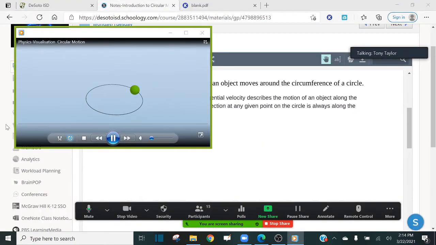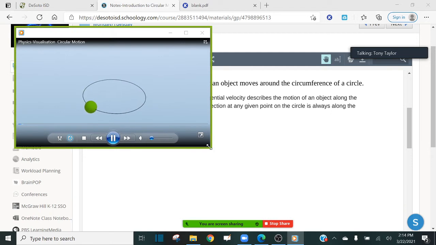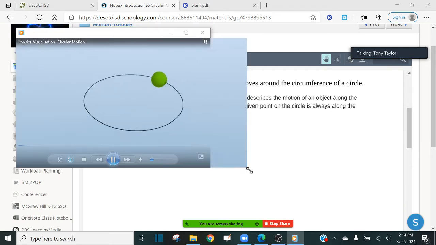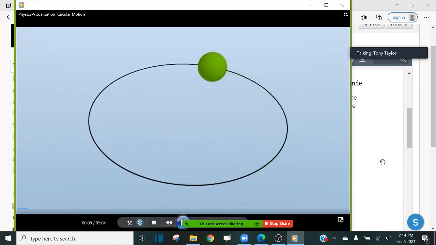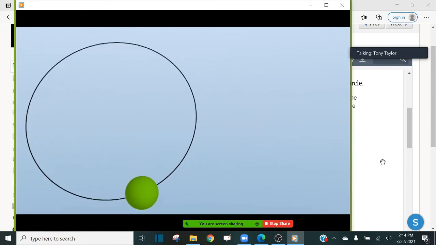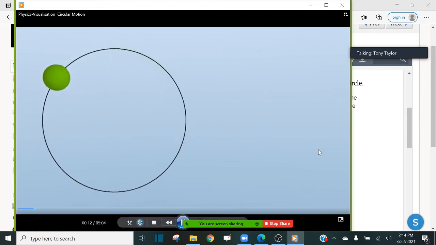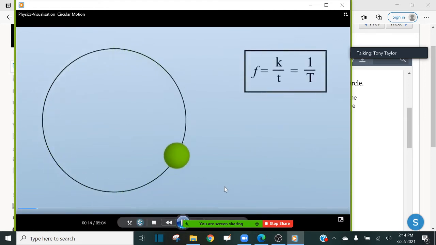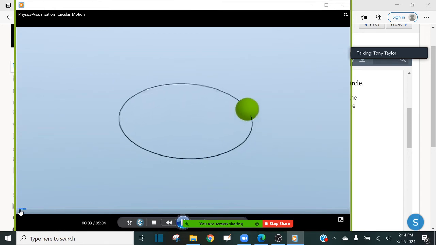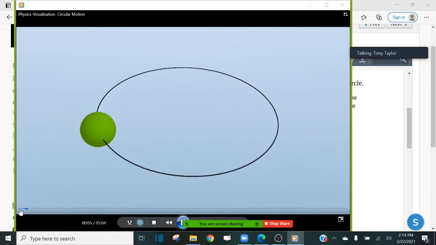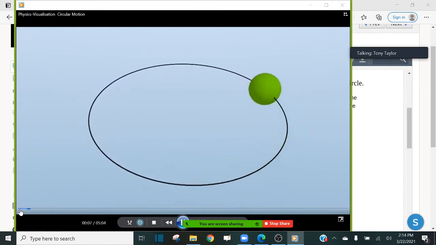Here we have an object moving on a circle, and it could be any object. It could be the Earth going around the sun, or any sort of object moving in a circle. These same principles hold. Again, anytime we have objects going around a circle, we can describe its motion using two terms: its tangential velocity and its centripetal acceleration.